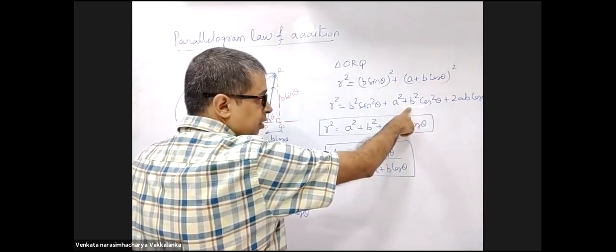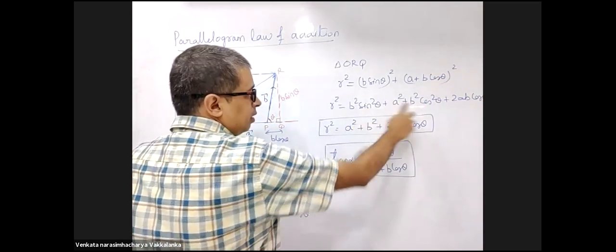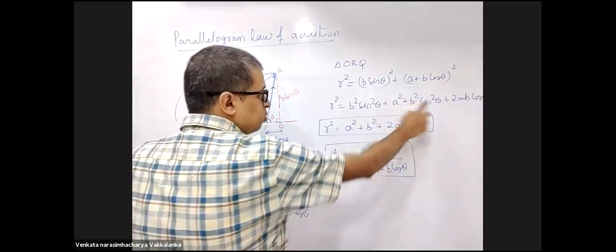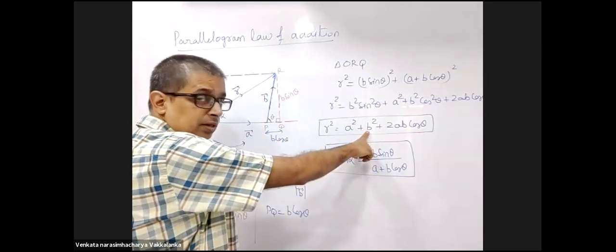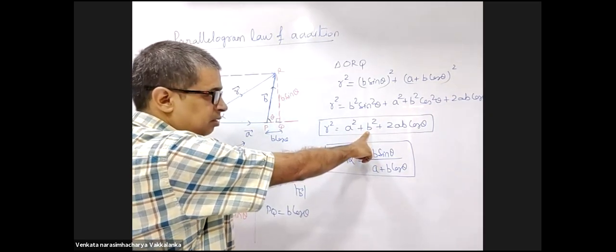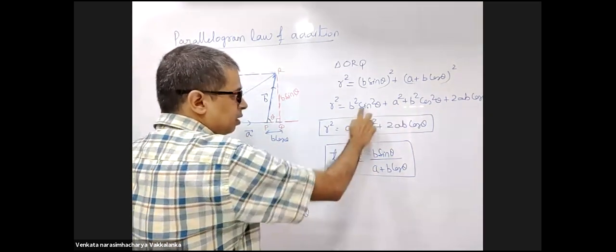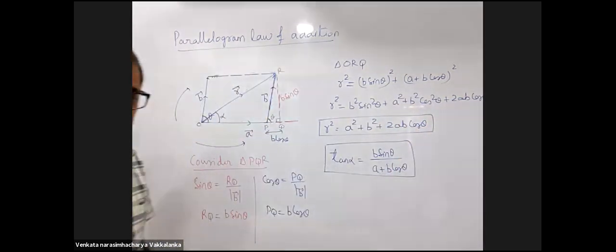Yes. Now these two I added. B square into sin square theta plus cos square theta is B square, right? That's it. A square plus B square plus 2AB cos theta.